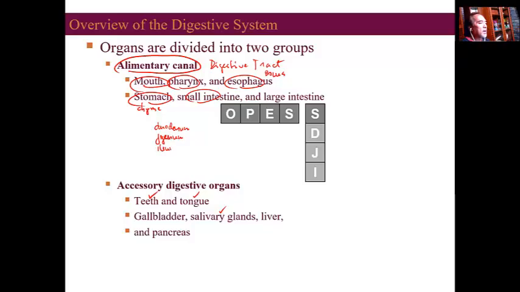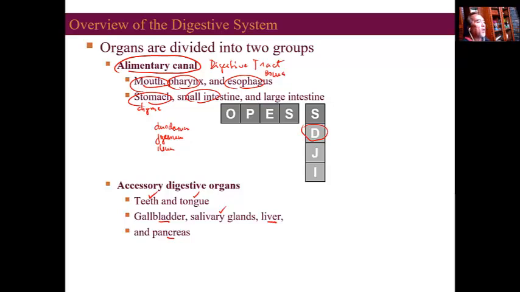The duodenum will still process the food because that's where the gallbladder connects. Remember, the gallbladder gets its bile from the liver, and then the pancreas will add in the pancreatic enzymes to further process the food and break it into small units.